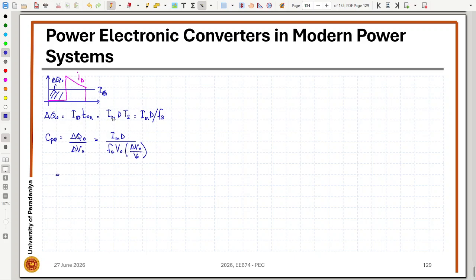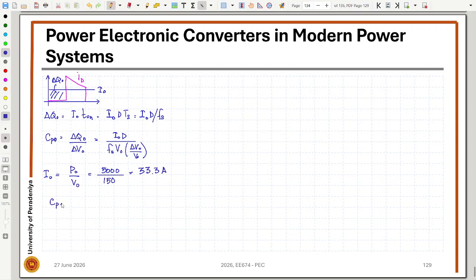So we have I out here. So we need to calculate I out. We can write this as P out over V out. So 5000 divided by 150. This will give the current as 33.3 amperes.